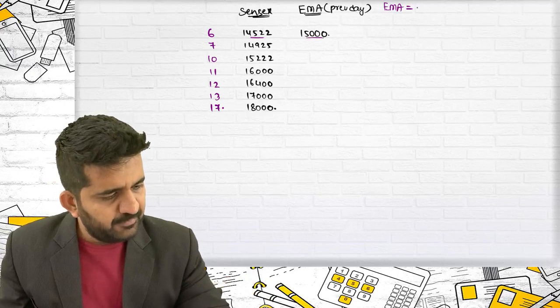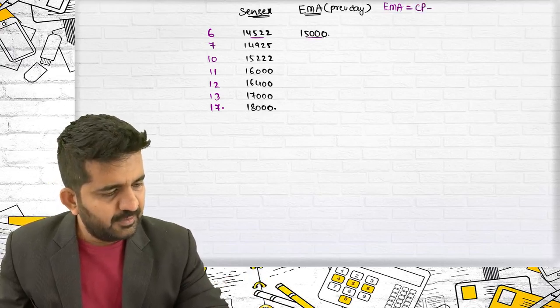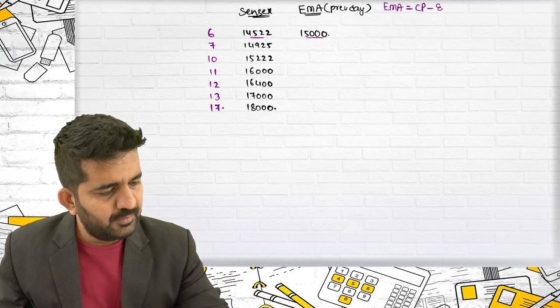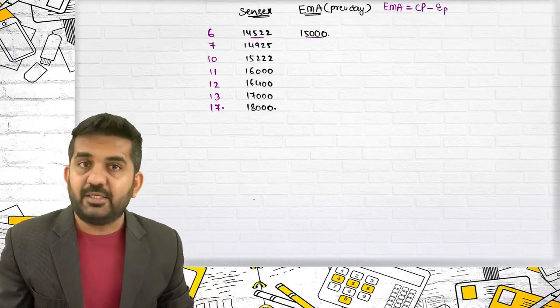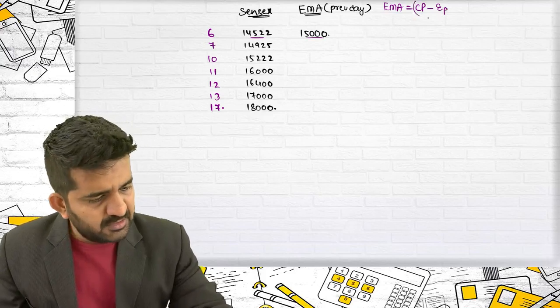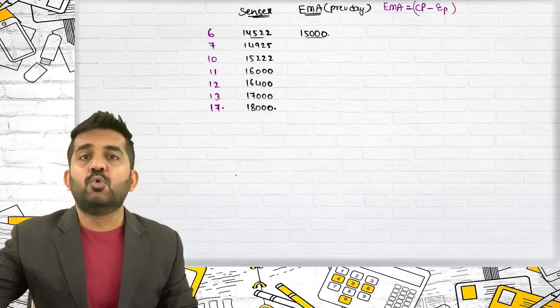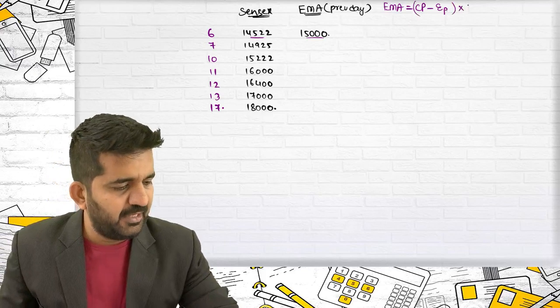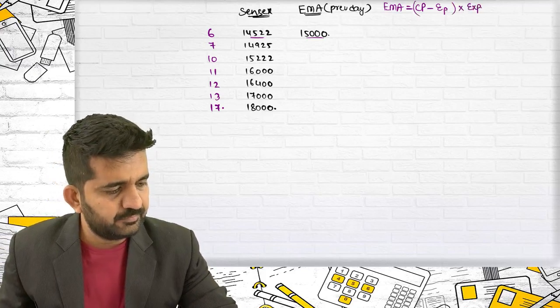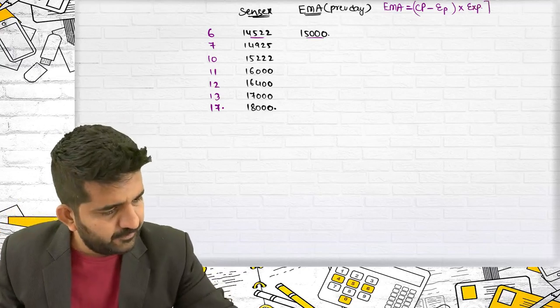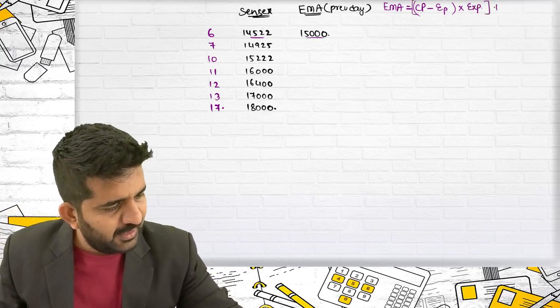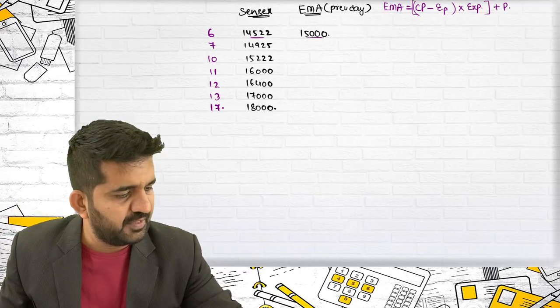So it is closing price minus EMA of previous day. For EMA I am writing only E. Is it correct? I've got the difference. Then I'll be smoothing it, multiplied by the exponent. But this is only the difference, right? I will add this to the previous.